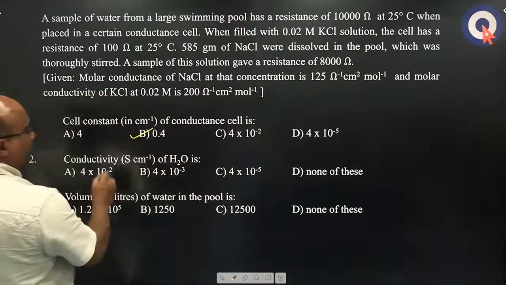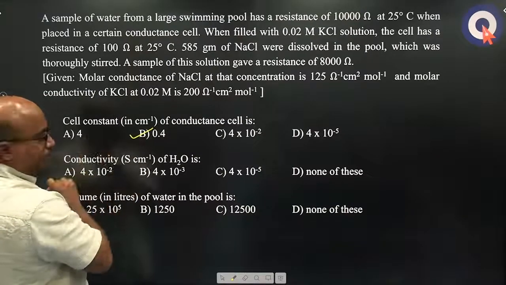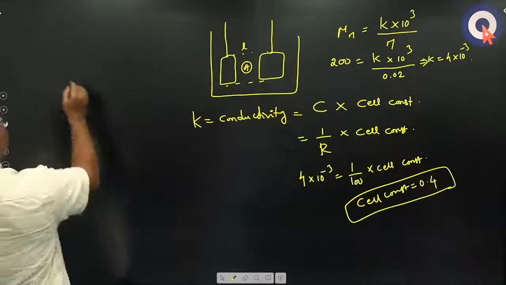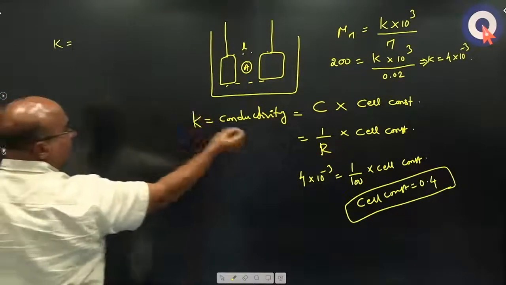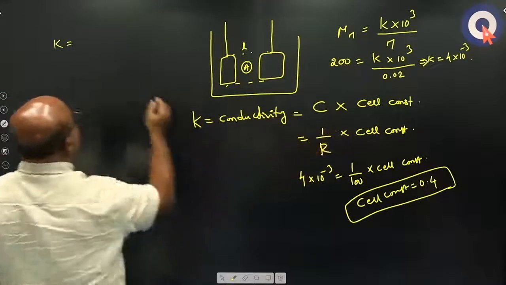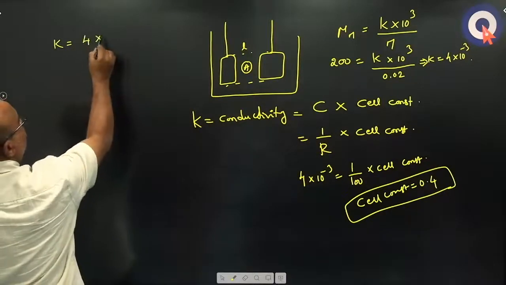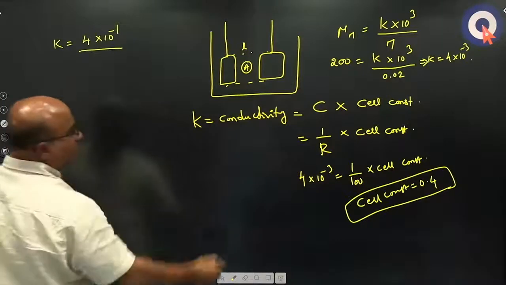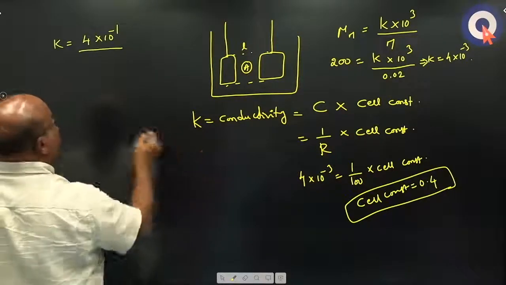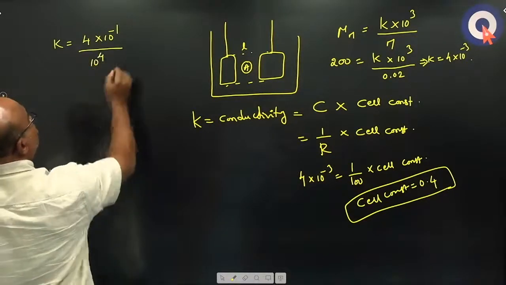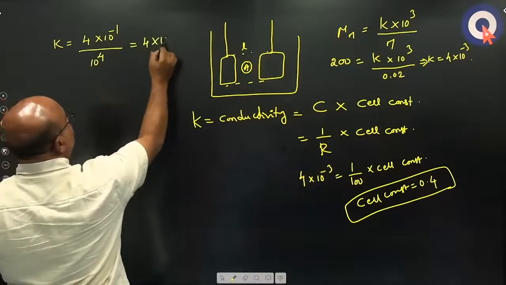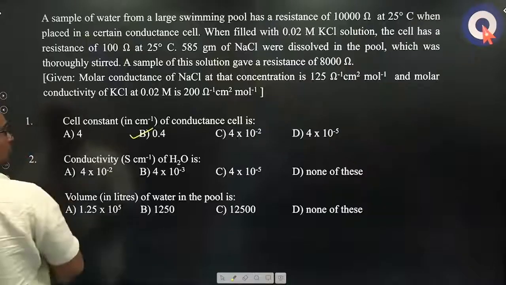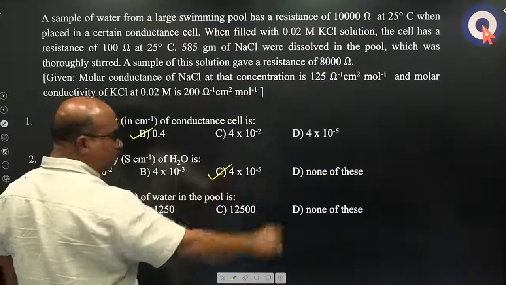So we need the conductivity in Siemens per centimeter, kappa. What is this kappa value? It is 1 by resistance into cell constant. The cell constant is 4 into 10 to the power of minus 1, that is 0.4 sorry, by 10 to the power of 4. So it is 4 into 10 to the power of minus 5.